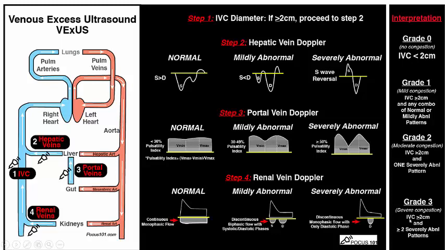If you see inferior vena cava more than 2 centimeters and 2 abnormalities, that means it is severe or grade 3 systemic congestion. From the advanced critical care point of view, you need here to assess the degree of systemic congestion to follow up this congestion by treatment to reach the proper grade 0 or grade 1 systemic congestion.